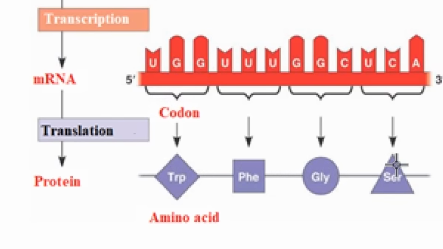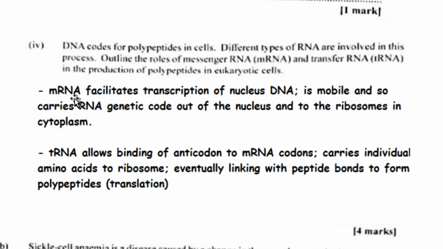Those polypeptides get linked together in a three-dimensional way, and that builds a protein. So mRNA facilitates transcription of nucleus DNA. It is mobile, which means it's able to come out of the nucleus and go into the cytoplasm towards the ribosomes. So it carries the RNA genetic code out of the nucleus into the ribosomes in the cytoplasm.